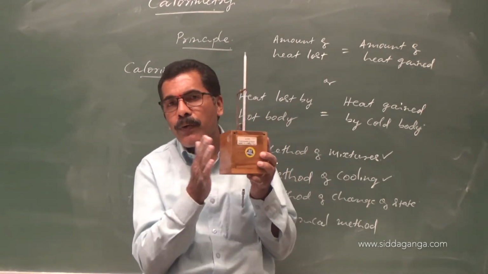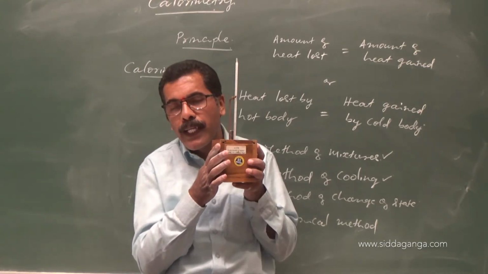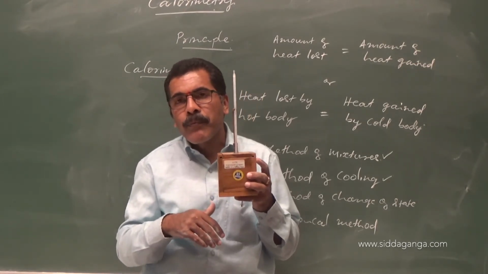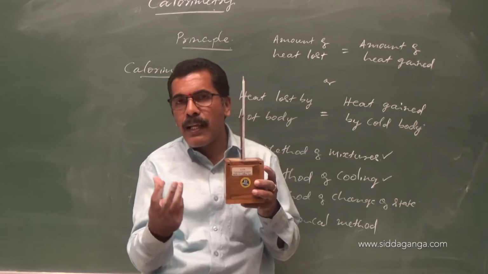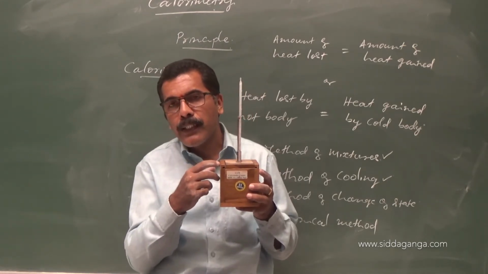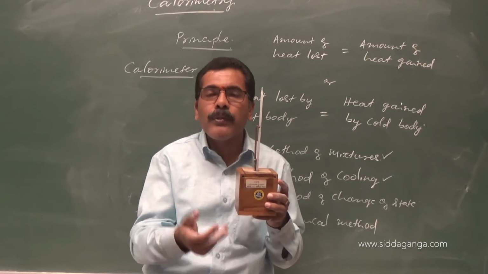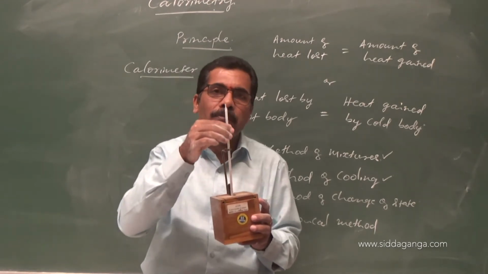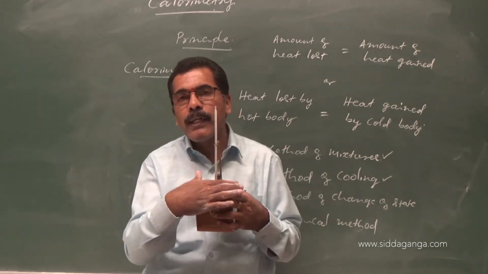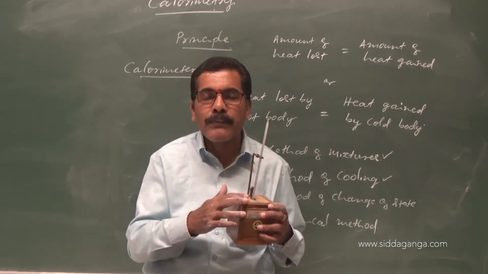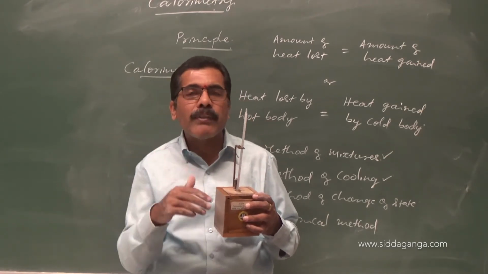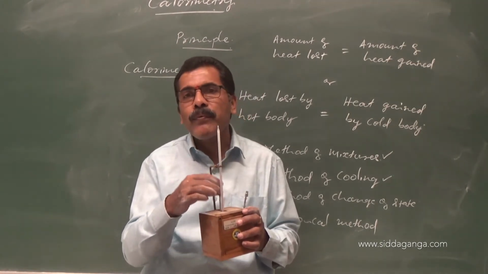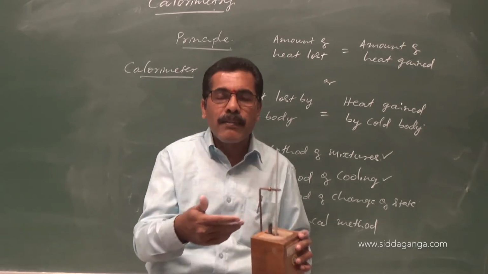The calorimeter consists of a wooden box with felt or wool inside, a bad conductor, and a copper vessel along with a stirrer. Whatever content you want to take, you must take inside the copper vessel, and to note down the temperature we have a thermometer. The entire thing is completely covered, therefore there will be no chance of conduction loss, convection loss or radiation loss. So you can gradually stir the liquid inside and study the variation of temperature.